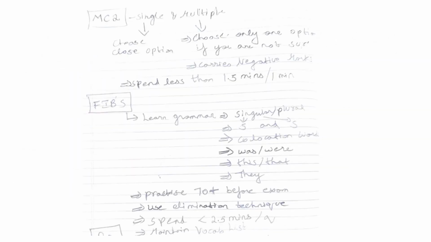Okay, so FIBs. The most important thing that you need to know in your FIBs is grammar rules. As you know, English is a wide topic and there are so many grammar rules out there. But in case you want to do a quick recap of the different grammar rules which are out there, you can always follow Language Academy videos, because I don't want to reiterate the same.